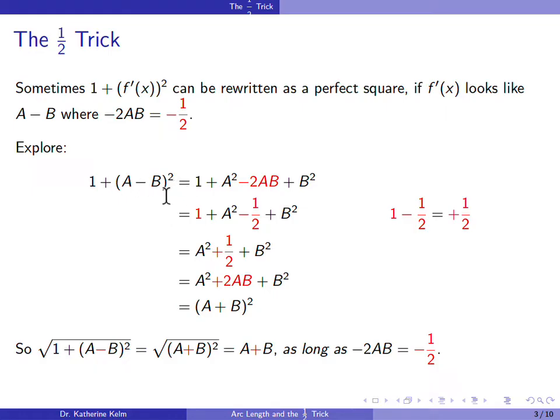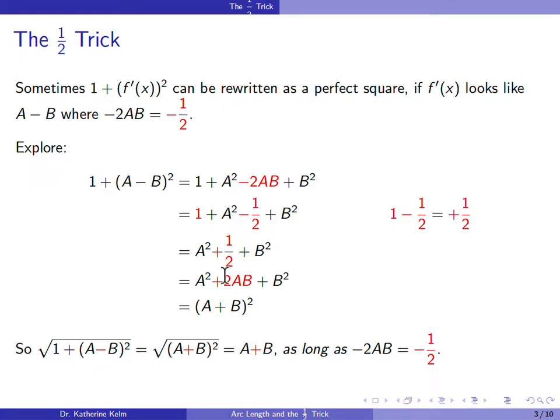When we multiply out a minus b all squared, we get a squared minus 2ab plus b squared. If we know that negative 2ab is equal to negative 1/2, we can replace negative 2ab with negative 1/2. Then 1 minus 1/2 is positive 1/2.